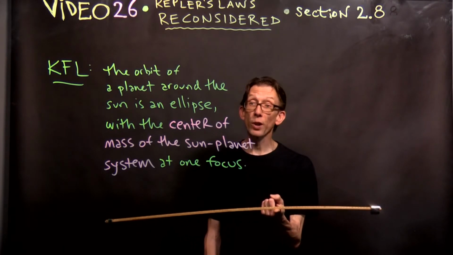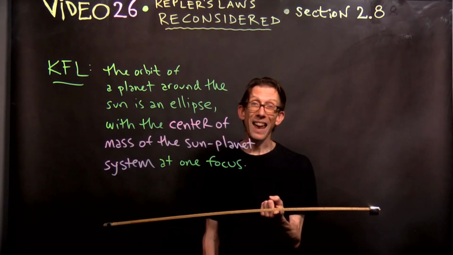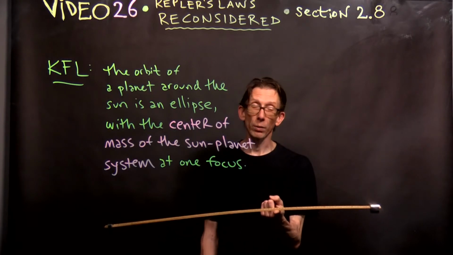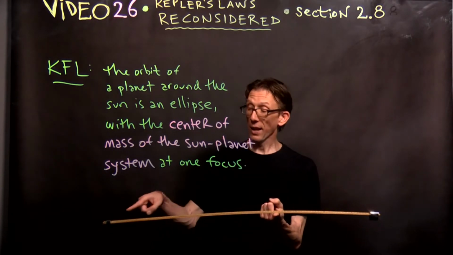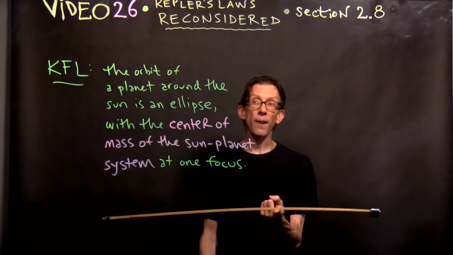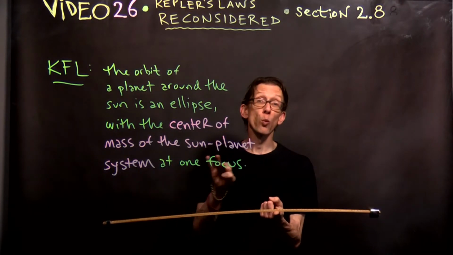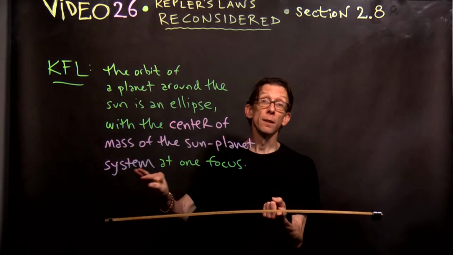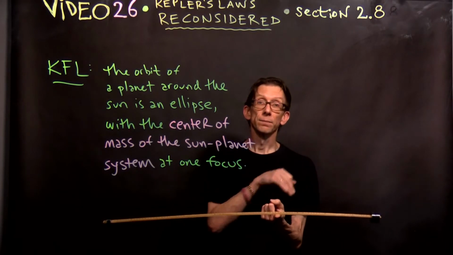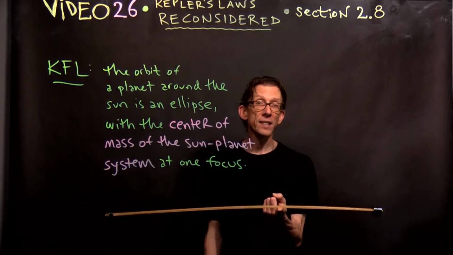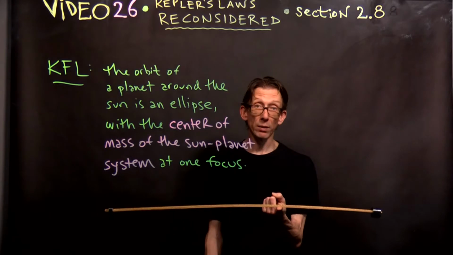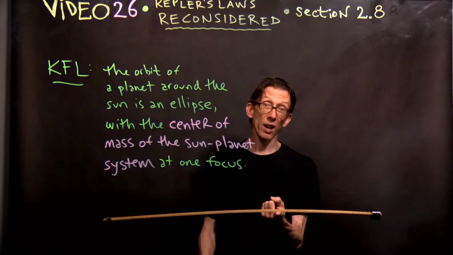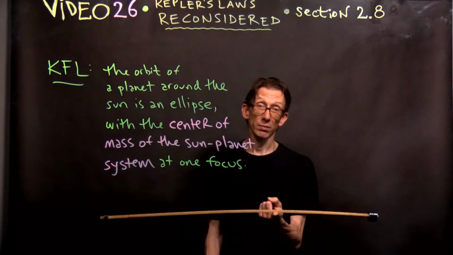So suppose you took the sun and a planet, say Jupiter. Say that's the sun and that's Jupiter. If I connected the sun and Jupiter with a really long, thin stick, where would that stick balance? Not in the middle. It would balance over toward the sun, right?